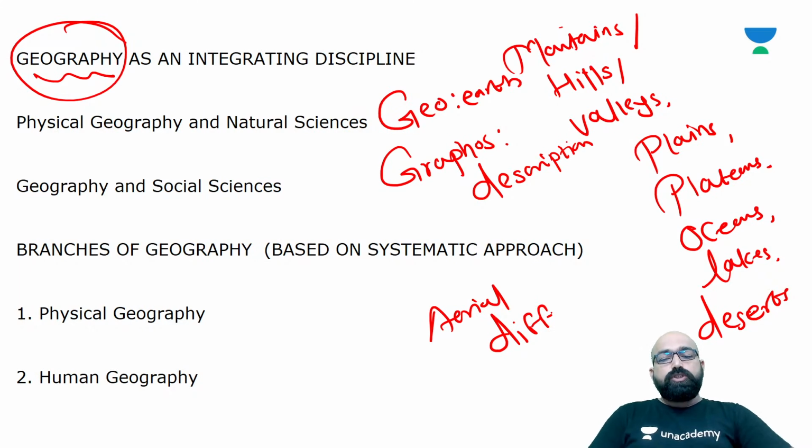So geography was perceived to study not only the variations in the phenomenon over the earth's surface, but also the association with other factors like the cropping patterns.